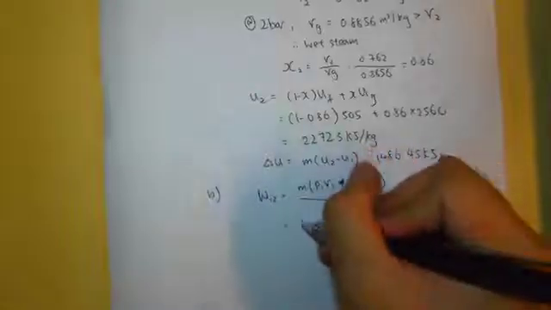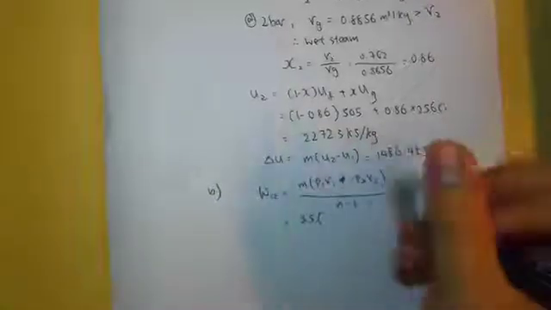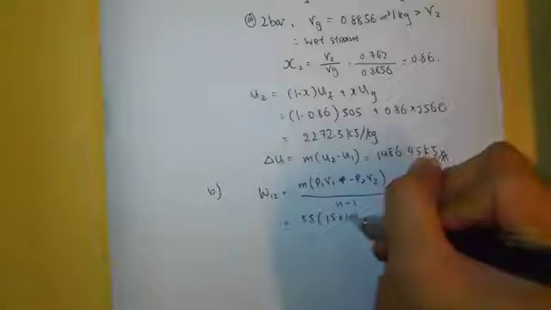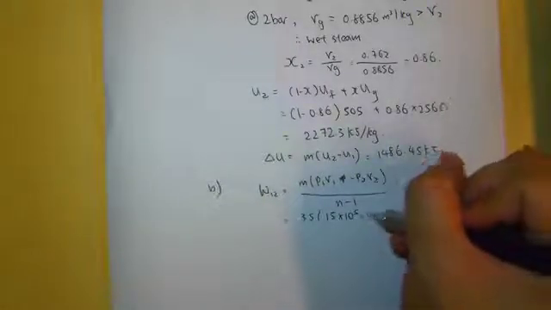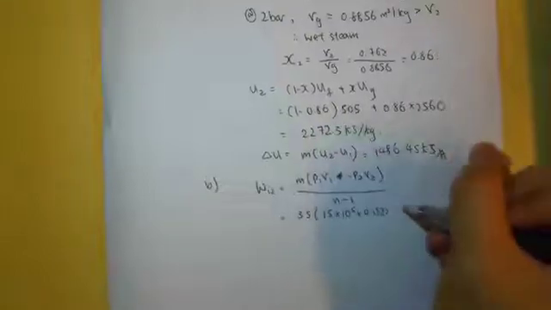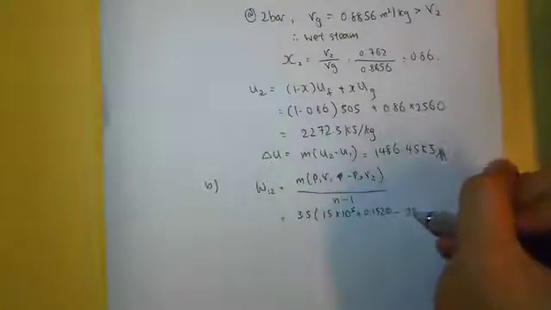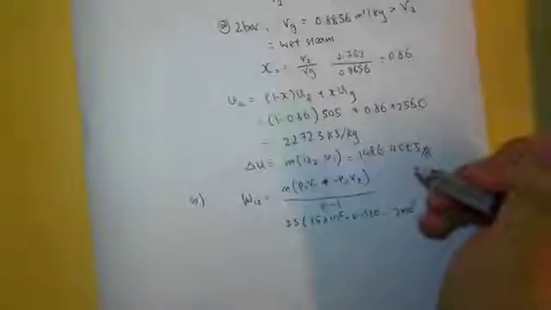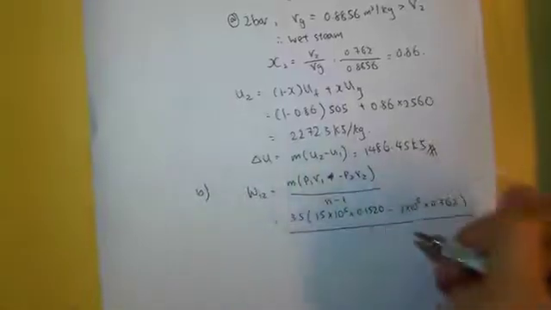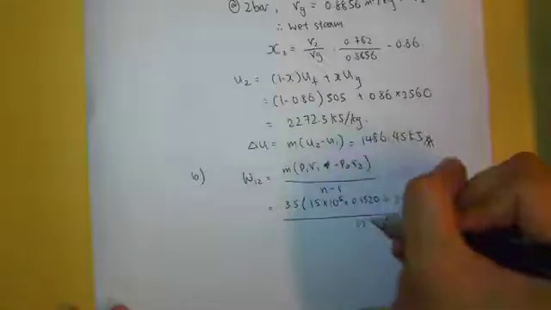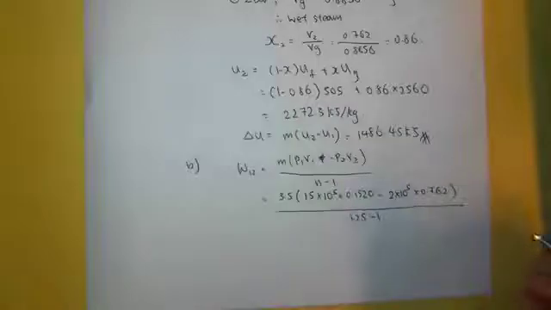m is 3.5. P1, we need to put it in terms of SI unit, 10 to the power 5. V1 is 0.1520. P2, 2 bar, again SI unit. V2, over n minus 1.